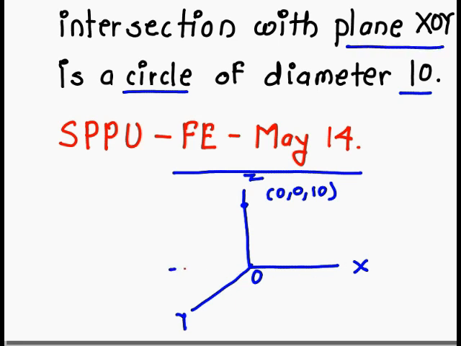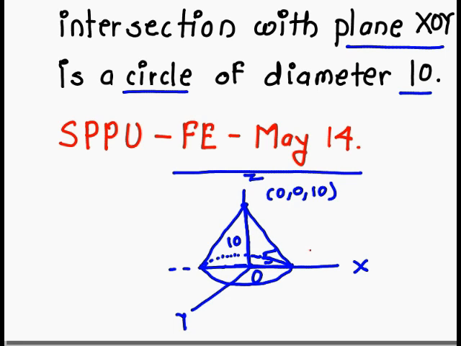This is our XOY plane, so it is like this, and with the XOY plane we have a circle like this whose diameter is 10. So obviously, if the diameter is 10, the radius is 5. And the height from the origin is 10. So this much information we have from the given question.